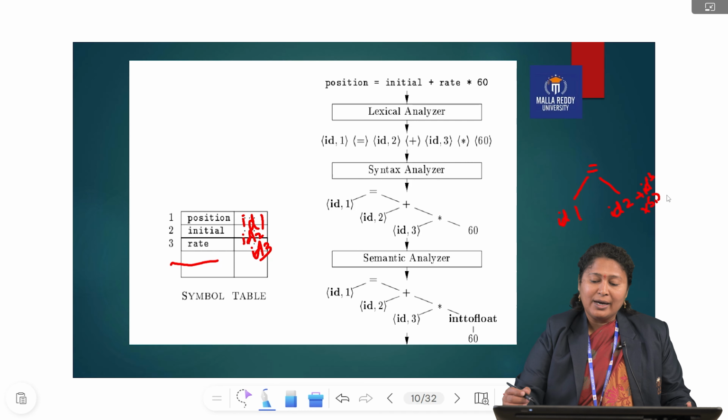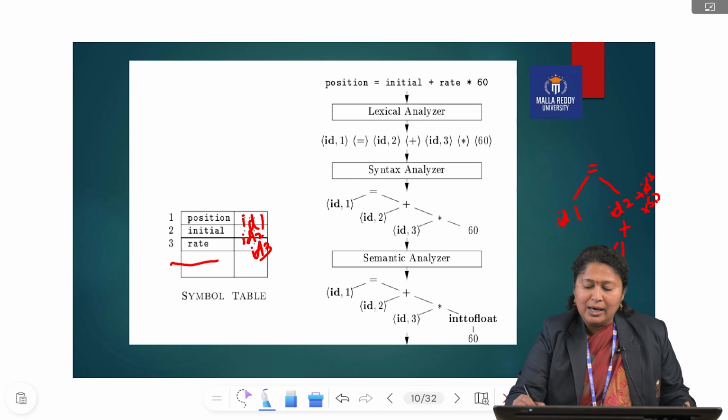Next again it breaks down at plus. Now again it is converting to ID2 and ID3 into 60. Again it breaks at the operator into, and it is ID3 and 60.